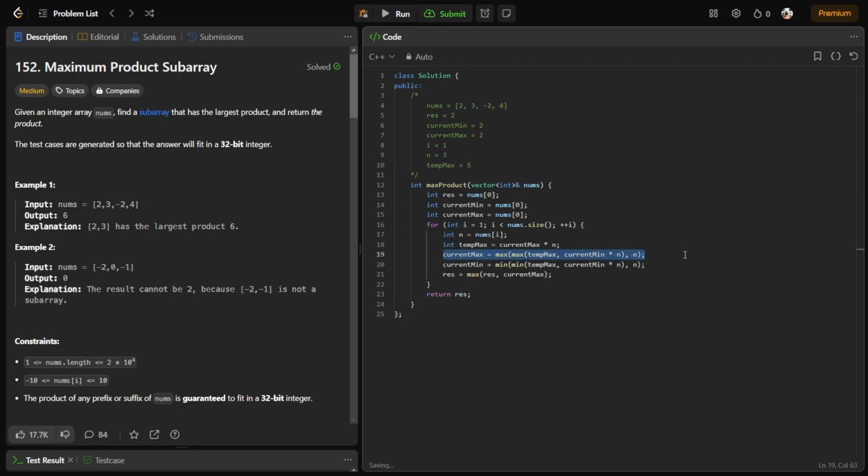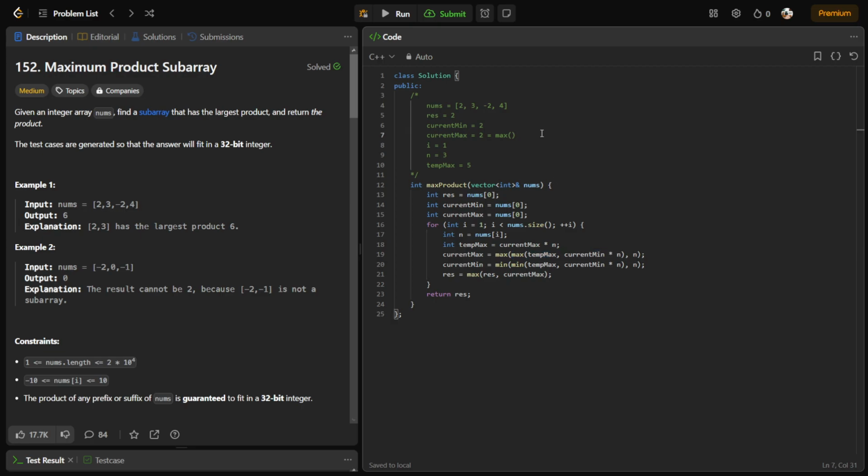And here I'm calculating current max again. Current max is equal to the maximum of, okay, here you can see I'm using two max functions, but since this maximum function is inside of another max function, technically you can treat it as finding the maximum number of 3 numbers.